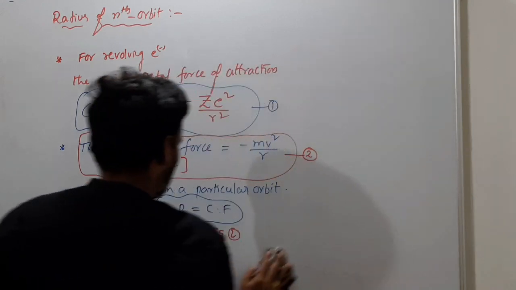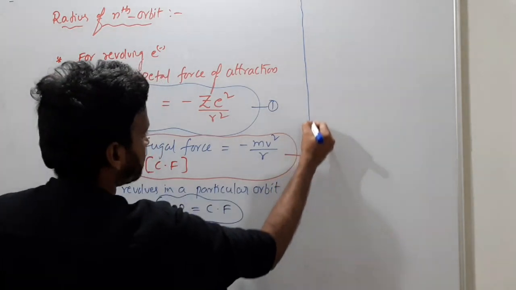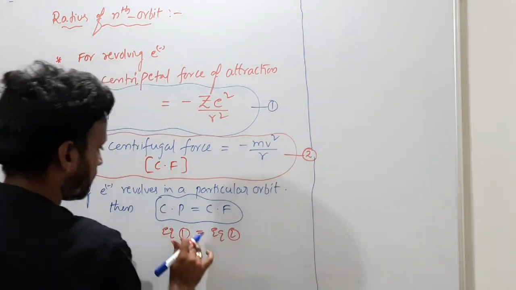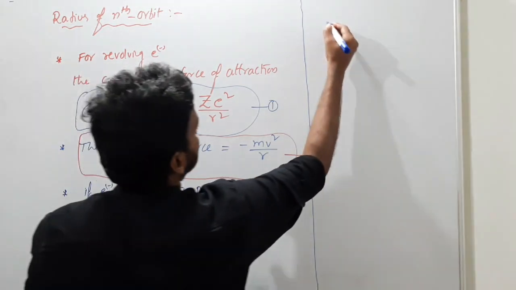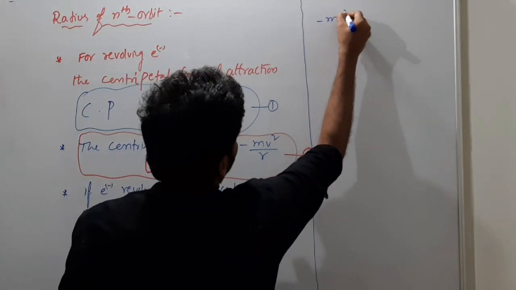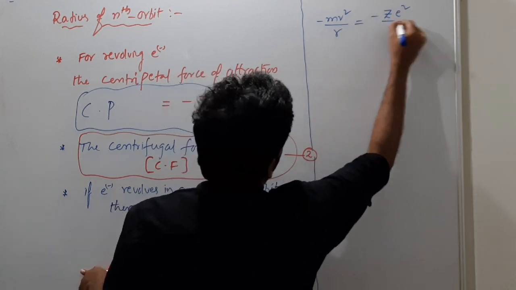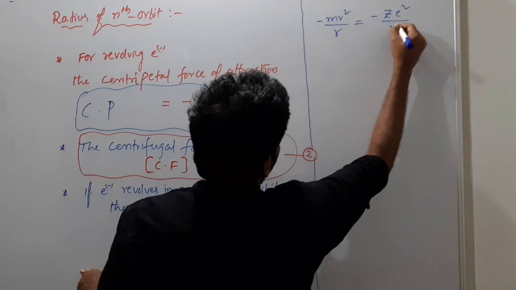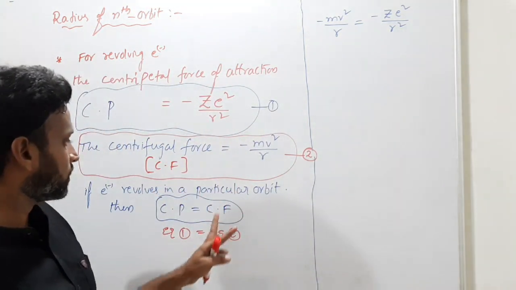Okay sir, so equation 1 is equal to equation 2, what is the meaning of that? Centripetal force is equal to centrifugal force. That means here I can say minus mv square by r is equal to minus Ze square by r square. Can I write centrifugal forces? Of course I wrote it the other way around.